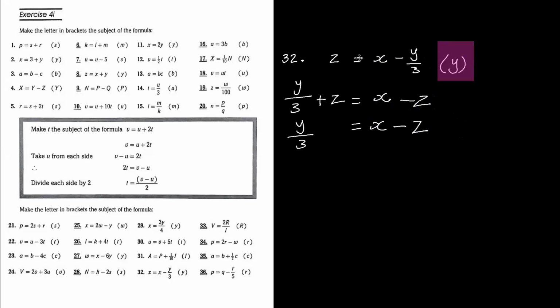So the question was z equal to x minus y over 3. But we want positive y. And since this y was negative, we took it on the other side and made it positive. So the first thing we have to do is get rid of the z by minusing z. Whatever you do on one side, you do on the next. So I minus z, minus z. Everybody agree with that?